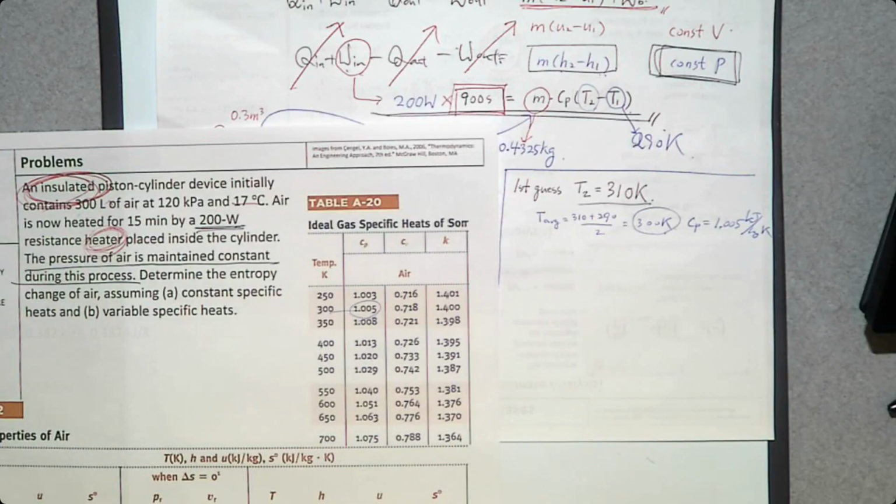Oh, I put the wrong number. 900, and divided by the mass of the system, 0.4325, and divided by specific heat, 1005. Oops, I deleted. Let me do it again. 200 times 900.